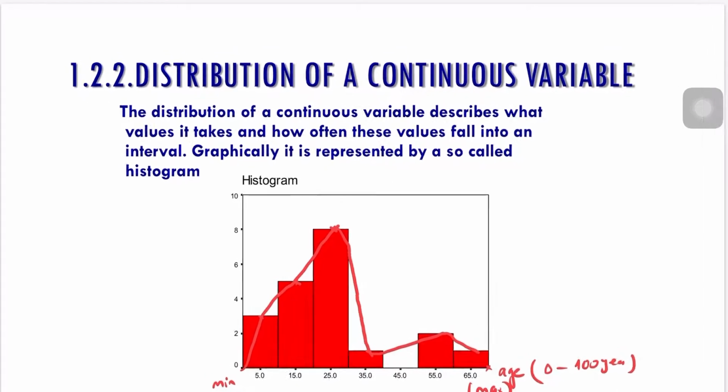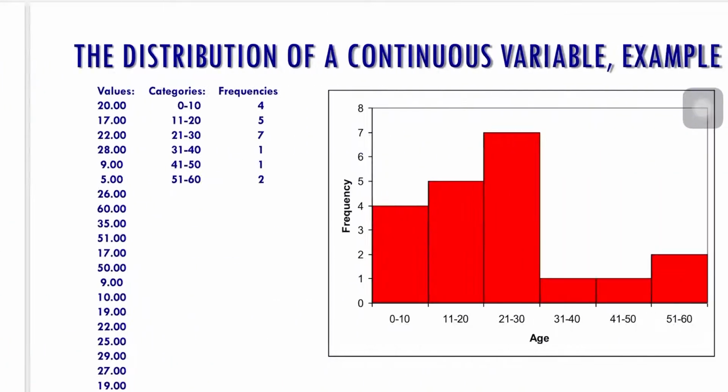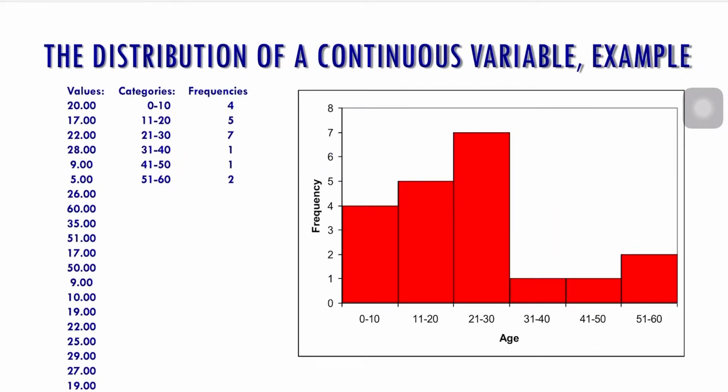And it shows the individual on the y-axis. As you see here, in the continuous variable, we have values, we have categories, and we have a frequency. Here we show age as the continuous variable. It starts at a minimum of 0 and the maximum is, for example, 60.